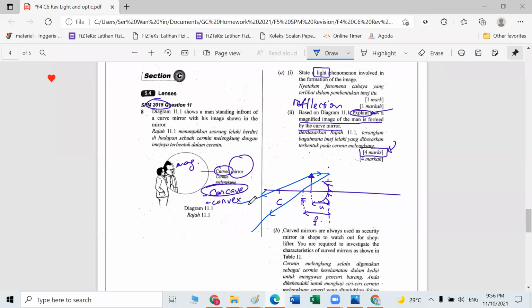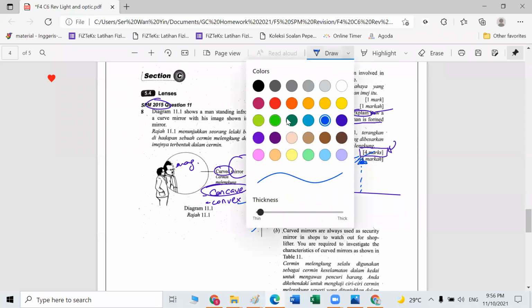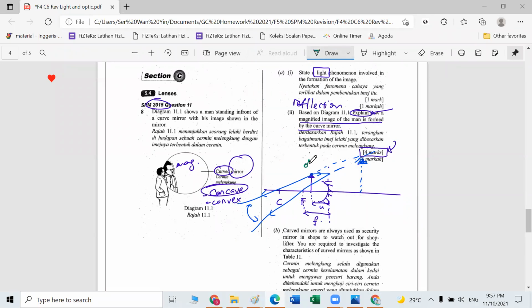KFC cannot intersect, extrapolate. Then let's label. This is object. When you draw this, you want to label as concave mirror or not, doesn't matter. From here, we can know it's concave mirror because the curvy part is pointing to the object. So this is the image.